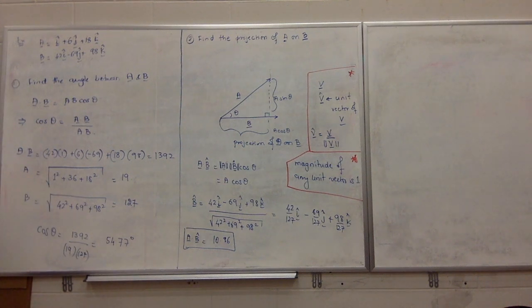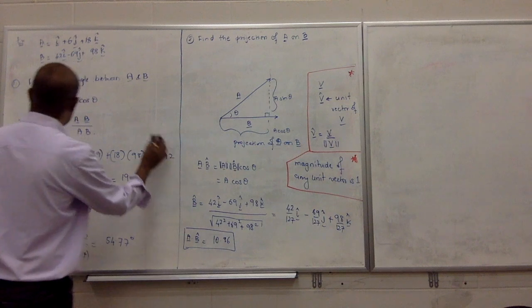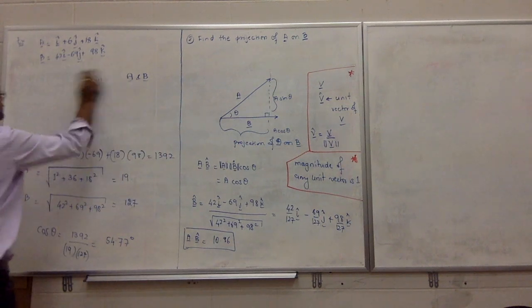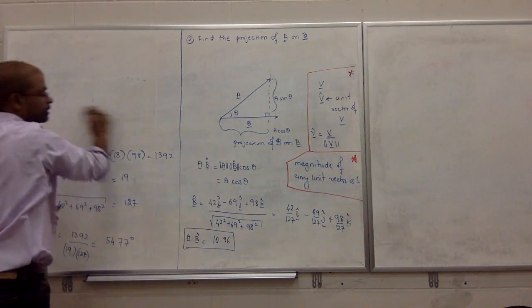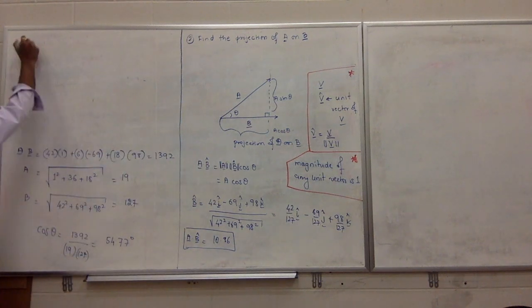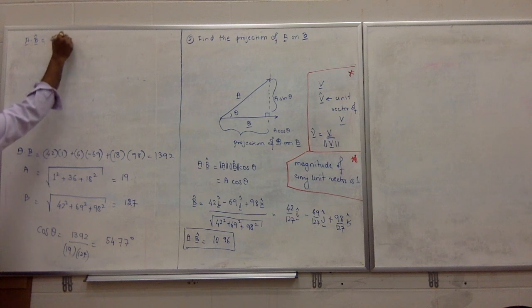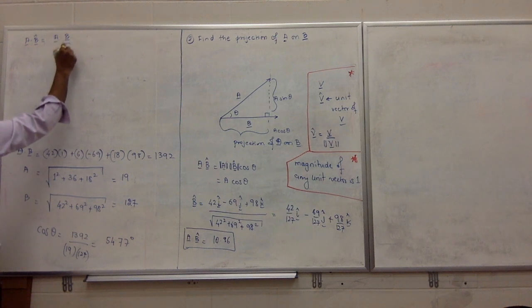So why don't you just use 1? Yeah, that is the other easy way. That's correct. Can you show it that way too? So if I did this, I'll erase this. Okay? Think about this. What is this? A dot B is what? A dotted with B divided by B, right?